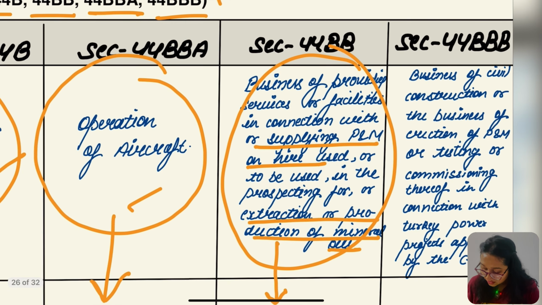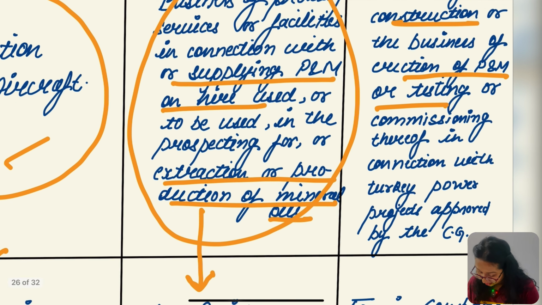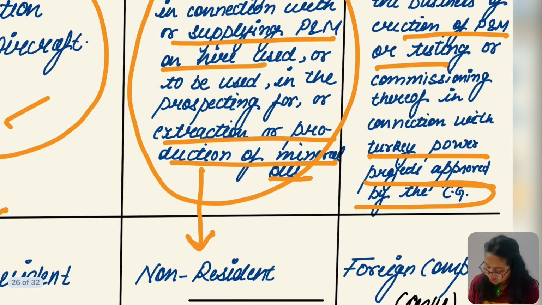Let's check the nature of business under section 44BBB. The business of civil construction, or the business of erection of plant and machinery, or testing or commissioning thereof in connection with a turnkey power project approved by the Central Government.